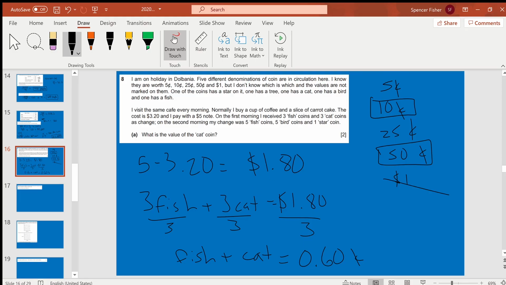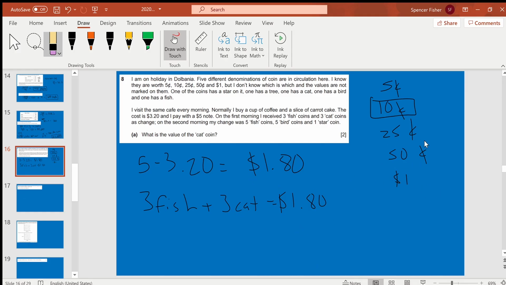However, if you were to do this without dividing, you still would be doing the same thing. You'd just be doing a little bit more work to check to make sure. So if, for example, cat was $1, 3 times $1 would be $3, which is more than the total. So automatically we know that that's not going to be the case.